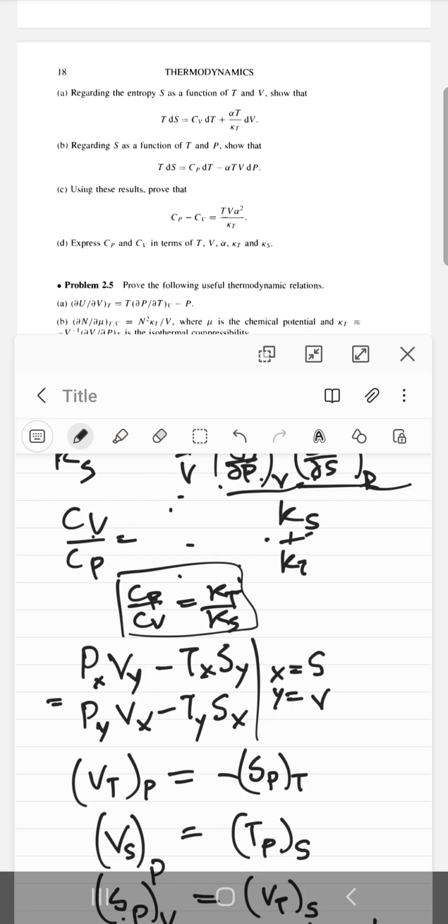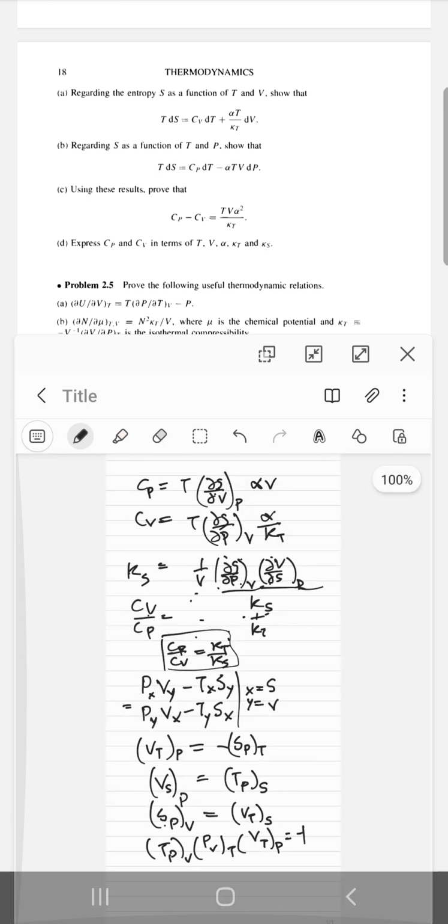Alright. In fact, using this we can directly complete the whole thing, because we already know what Cp minus Cv is. This was really helpful to convert everything using just three variables, pressure, volume, temperature, and things will just pop out themselves.